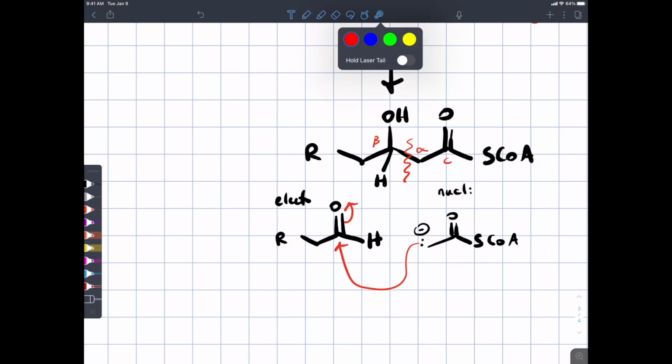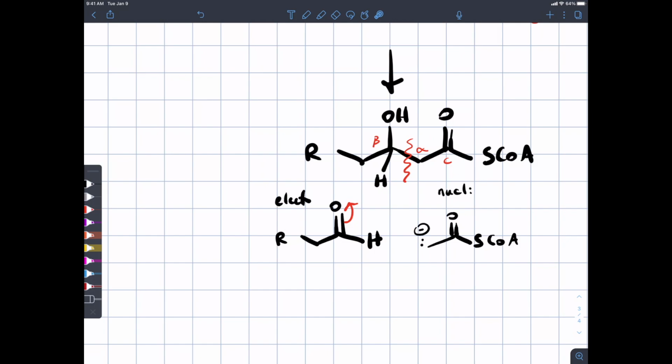Now, I told you our goal was to clip off a unit of acetyl-CoA. So if we do the retroaldol, we do get a unit of acetyl-CoA out. The problem is that we've got this aldehyde here, and we want to be able to cycle through.